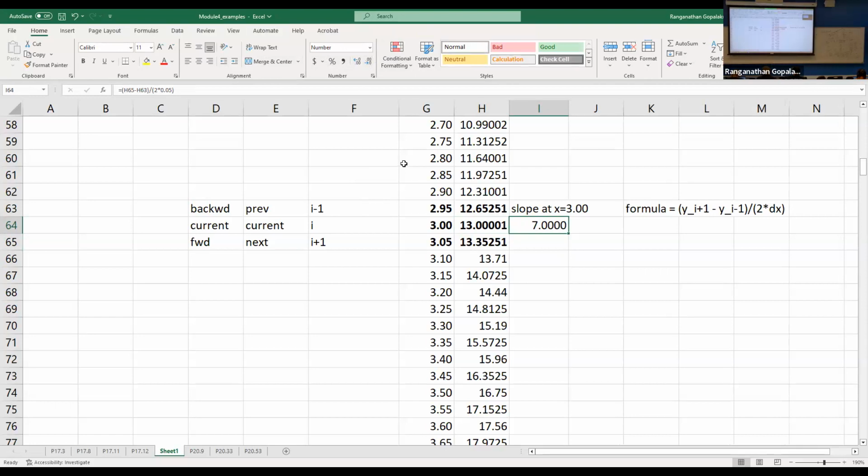Okay. All right. So if you are able to get this calculation done, take a pause. I'm going to change the data set. I'll take a very simple function, okay?